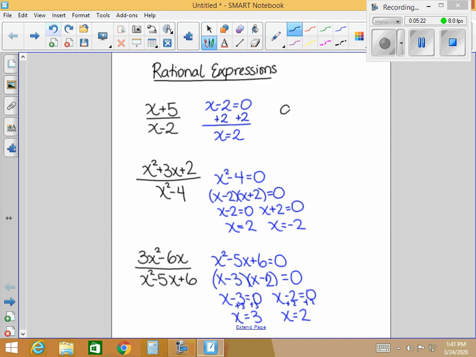So when we give the domain for any of these expressions, your author will write this in a number of different ways. I don't care about the formality. If you like his set builder notation, feel free to use that. If you want to use words, you can tell me that way. But once I have set the bottom to 0, and solved for x, and found out that 2 is the number I can't use, when I come over to the domain, I need to put a line through my equal sign.